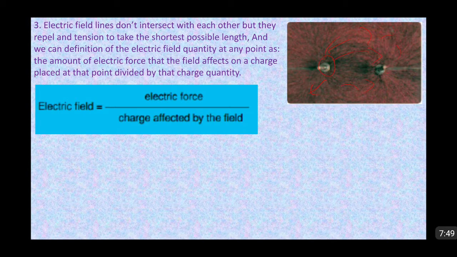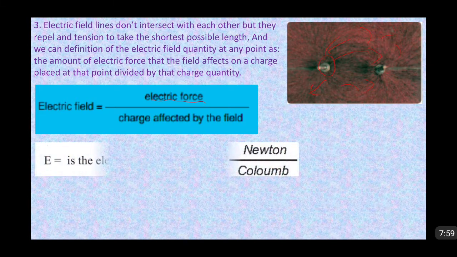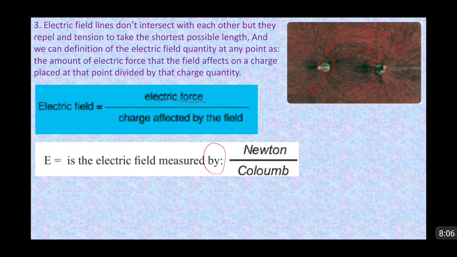For the electric field, we can use one equation. Electric field equals electric force over the charge affected by the field. E is the electric field, and the unit of electric field is Newton over Coulomb.